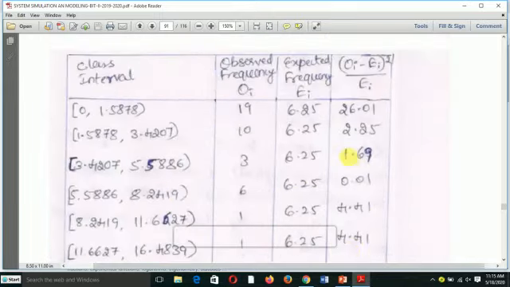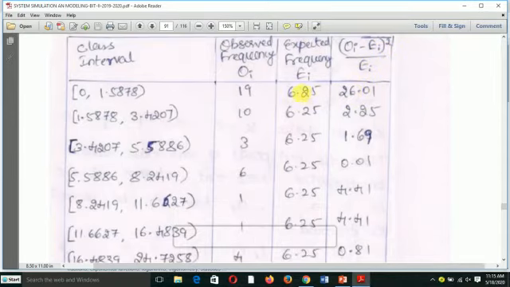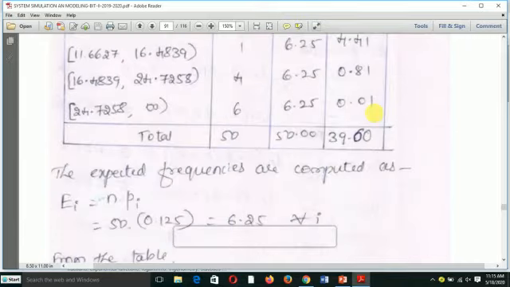So after getting that, we can calculate this as we did for the previous distribution: observed frequency minus expected frequency, power 2, out of expected frequency. If we do that, we find this for the first interval. If you add them, we will find 39.60.